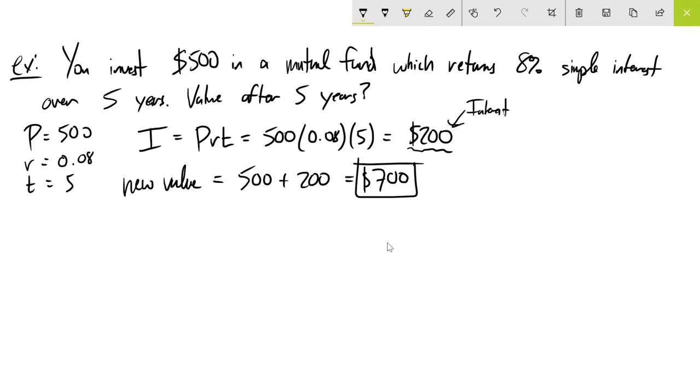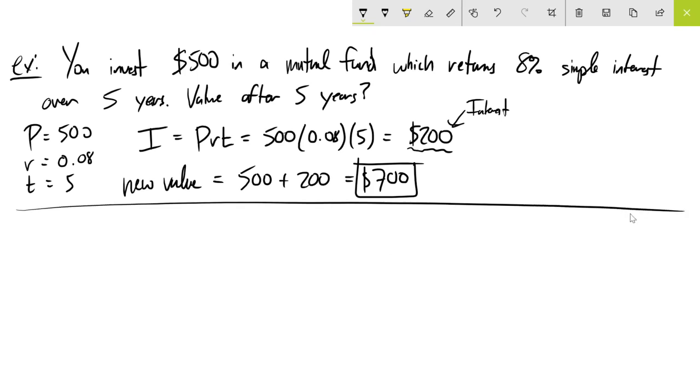The other thing too is, this is a scenario where it's simple interest, but typically that's not actually how it works, right? Because imagine at the end of that 5 years, you decide that you don't actually need that $700 and you want to keep it invested. What if you went another 5 years at 8%? What happens?